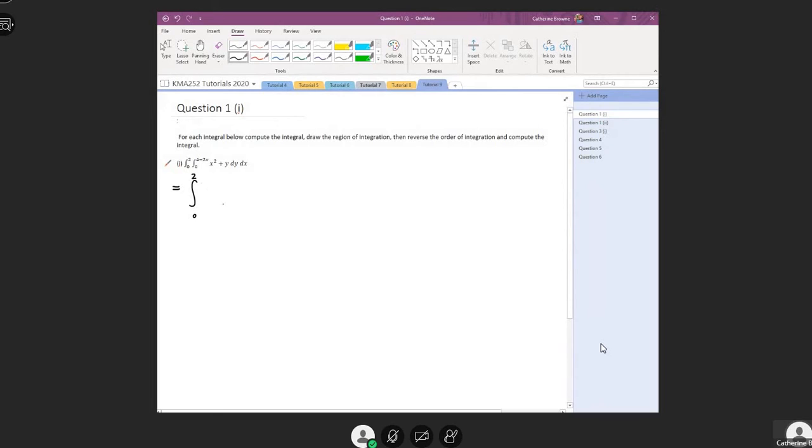First, I'm integrating with respect to y from 0 to 4 minus 2x. So the first term, x squared, doesn't have any y, so we just add the constant y. And then the next term is y, so if we integrate, we get y squared over 2. And that's from 0 to 4 minus 2x.